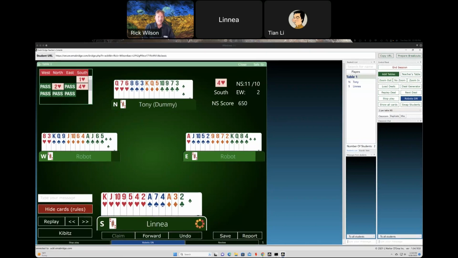It's not that unrealistic, but that is a super passive approach. That's hoping for something, but you have pretty much a 100% play here by pitching a loser on the dummy's diamonds. Right, because there are so many diamonds out.